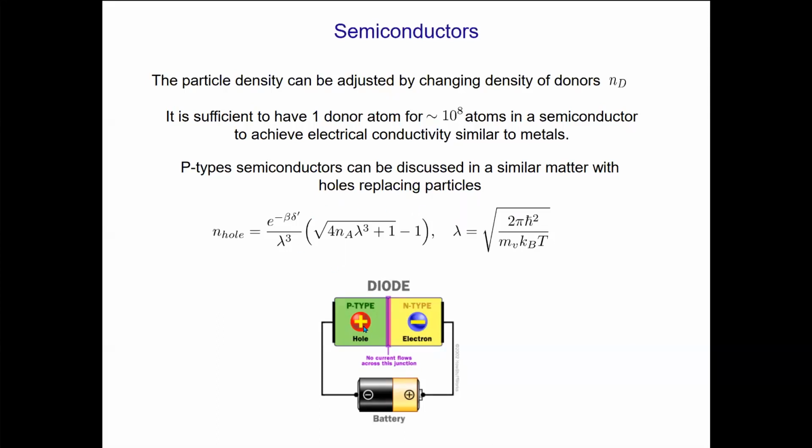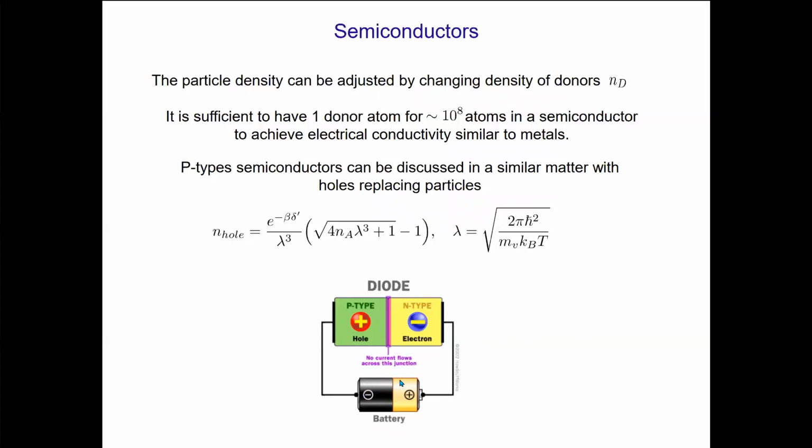And as a result, we can create a diode, as shown in this picture, and it will have only one-sided conductivity. Because, for example, let's assume that we take two semiconductors now, of n-type and p-type.